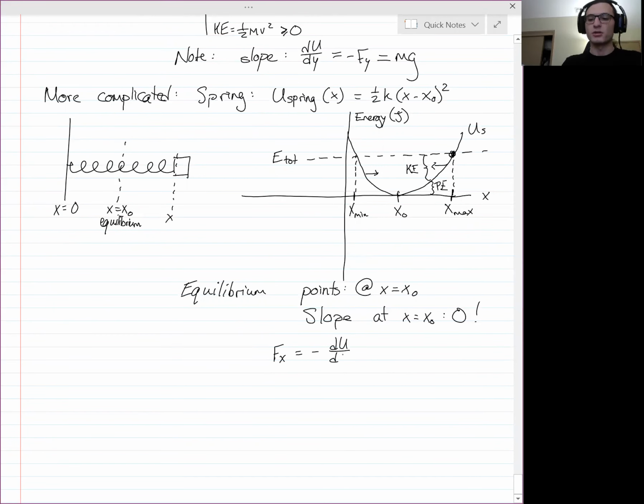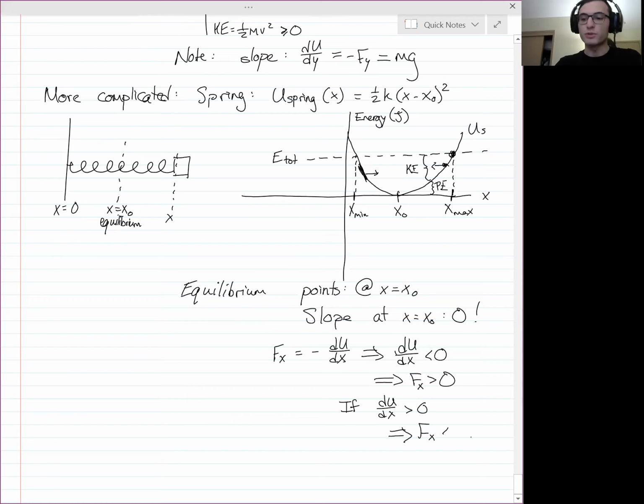If the slope is downwards, the force is positive. So if du dx is less than 0, the force is greater than 0, pointing to the right. Similarly, if du dx is greater than 0, like over here, the force in the x direction is negative, which means it points to the left.